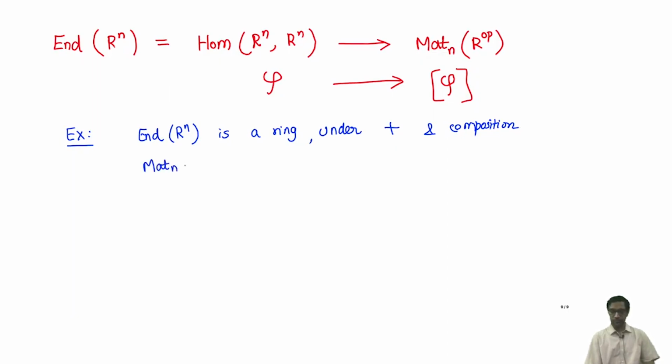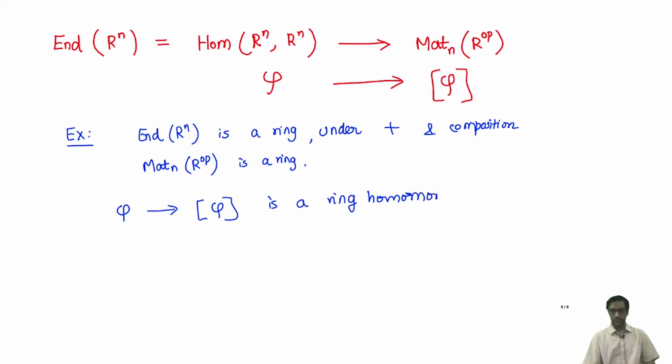Mat_n with entries in any ring is a ring under matrix addition and matrix multiplication, and here's the exercise: check that this association, phi going to the matrix of phi, is actually a ring homomorphism. Okay, so we actually checked some bits of this.